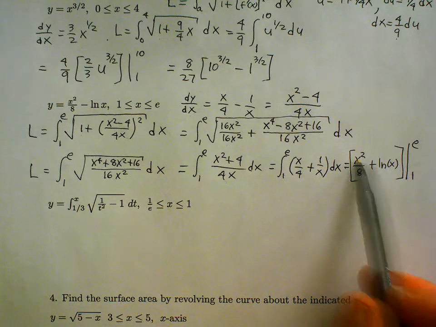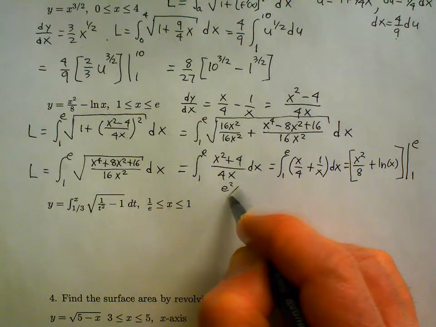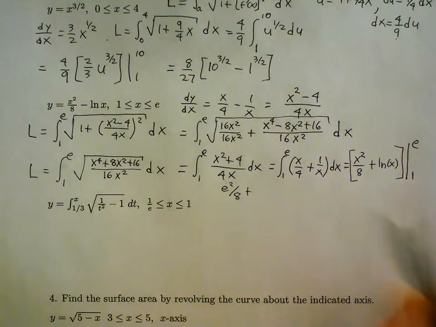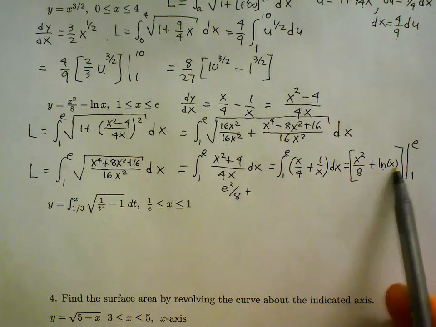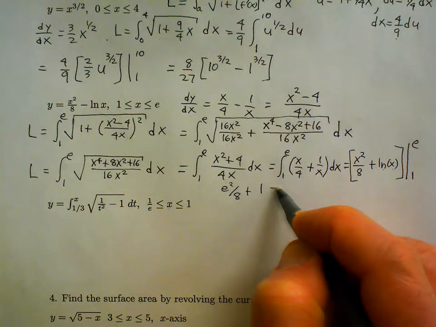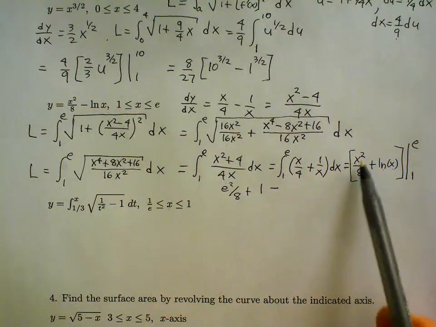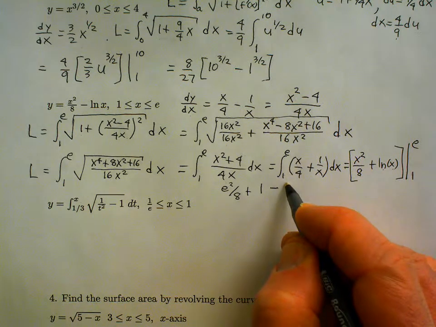So when x is e, we get e to the second over 8 plus the natural log of e, which is 1. And then we subtract 1 to the second over 8, or 1/8.